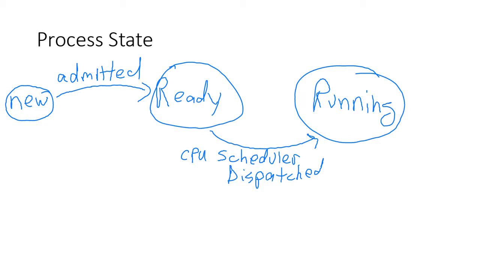Now, sort of a question for everyone. A process is currently running. What could cause, a process is running on the CPU, and in the middle of its executing, something happens where it can't continue running.